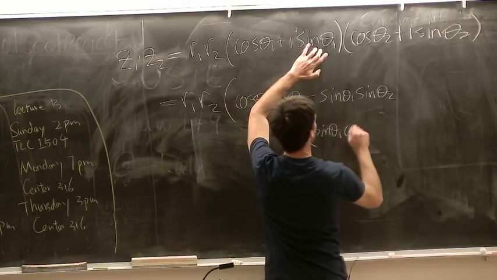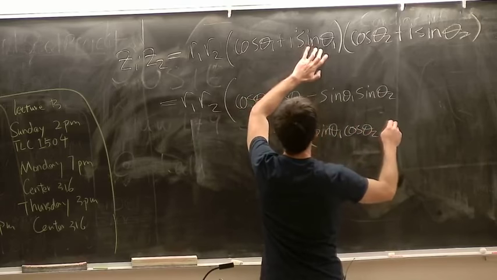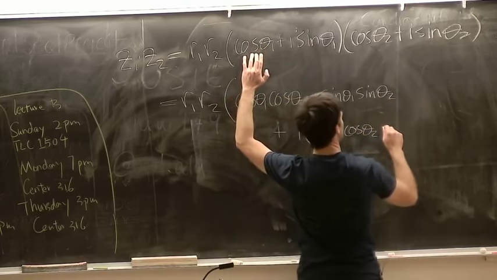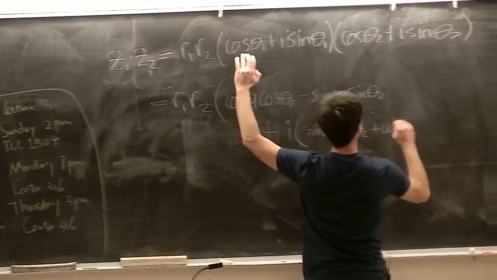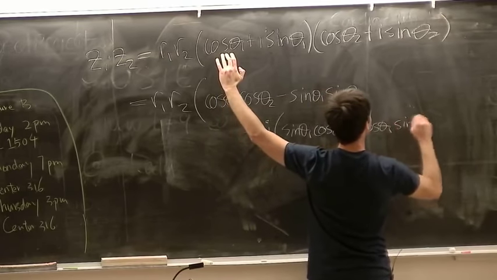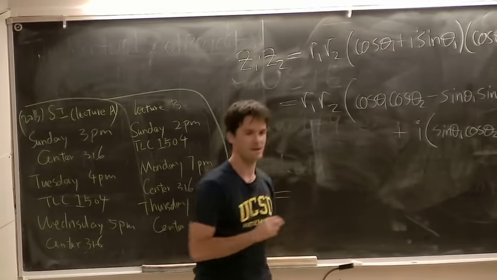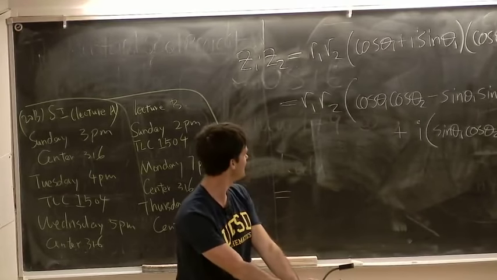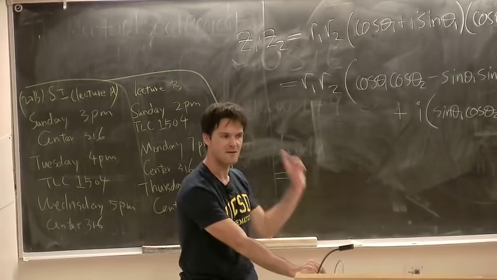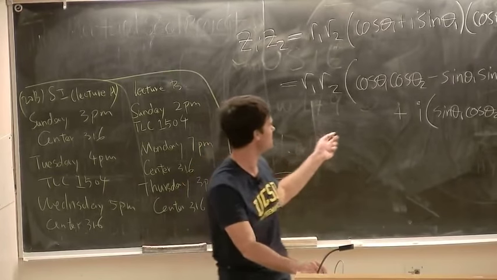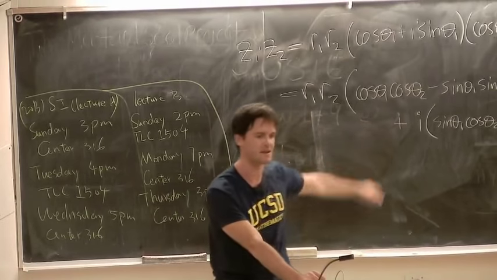That's sine theta 1 cos theta 2. And then this one times this. Cos theta 1 sine theta 2. And what do you know? This is able to be simplified with a trig identity, actually.